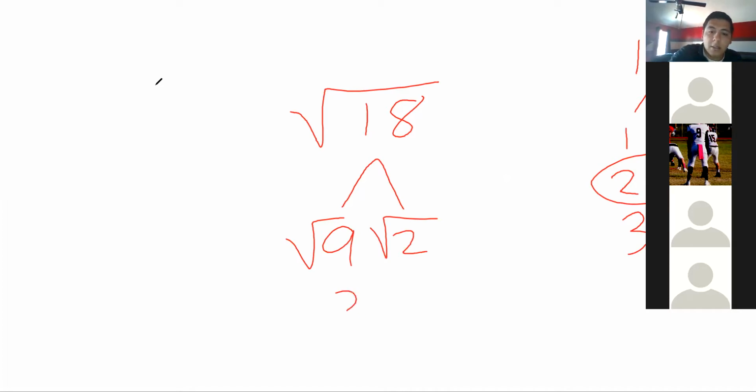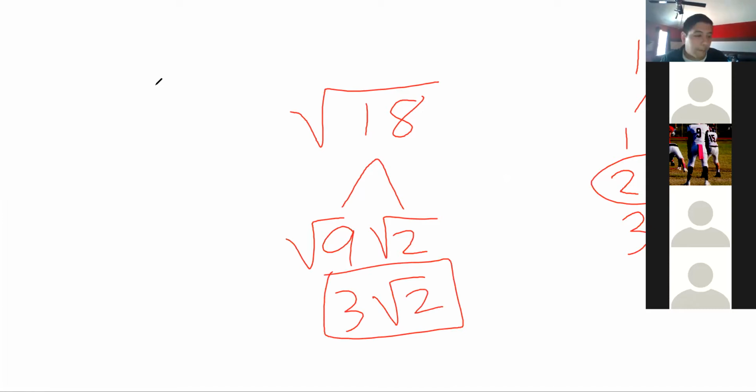So the answer is 3 square root of 2. This is a better way of writing the numbers because instead of having decimals, we have nice round numbers. Does that make sense? Yes.